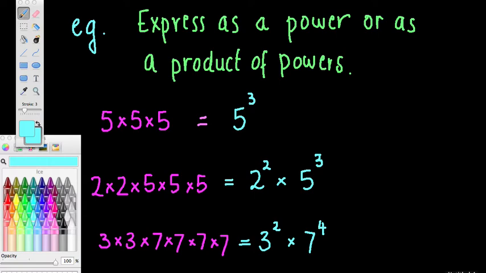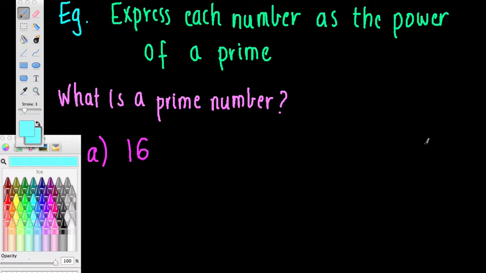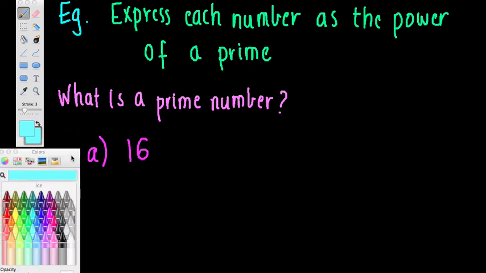Finally, let's have a look at prime numbers. Now, before we start this, express each number as the power of a prime. We actually need to revise what is a prime number. Can you remember? I'll make a couple of little dot points.